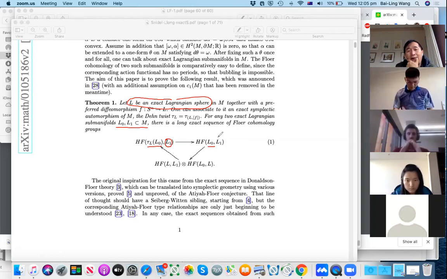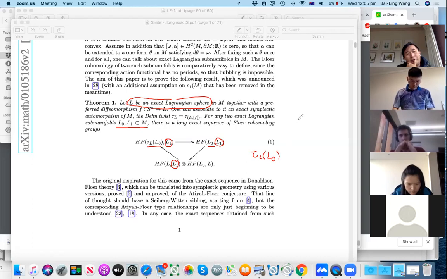What I'm saying is that with L1, you can think of this L1 as variables. In some way, we can talk in the Fukaya category by looking at the triangles in the object. So we have tau_L applied to L0, or maybe it's L1, L0.